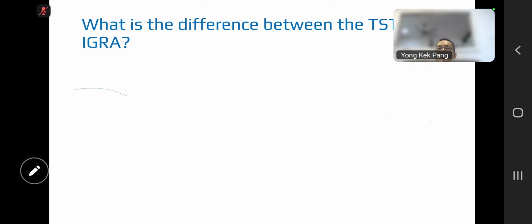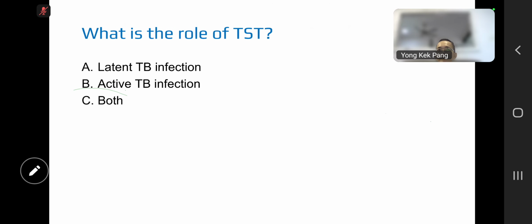So what is the difference between the TST and IGRA? Well, I think I've actually mentioned just now, you can try to recall what the differences are. And then what is the role of the tuberculin skin test?